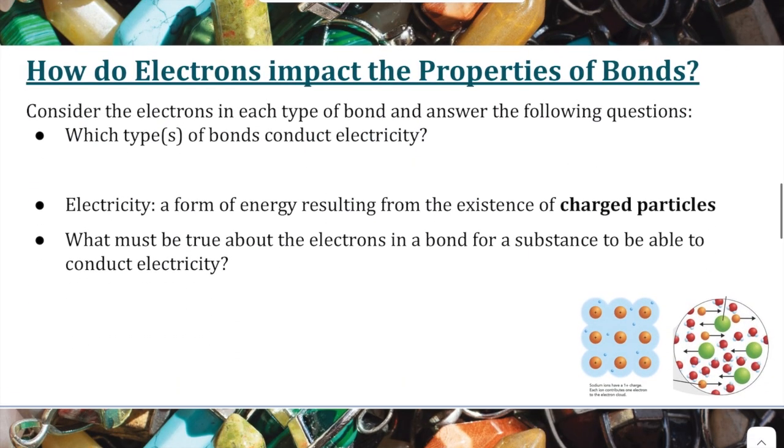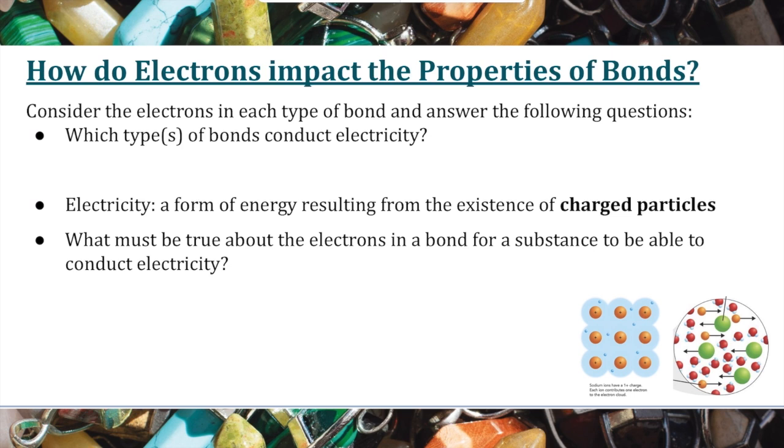All right, so how do electrons impact the properties of bonds? So if we want to consider the electrons in each type of bond and then answer the following question. Which type of bond conducts electricity? If you need to go back to your notes from yesterday where it listed the pages with each of those properties, you can.